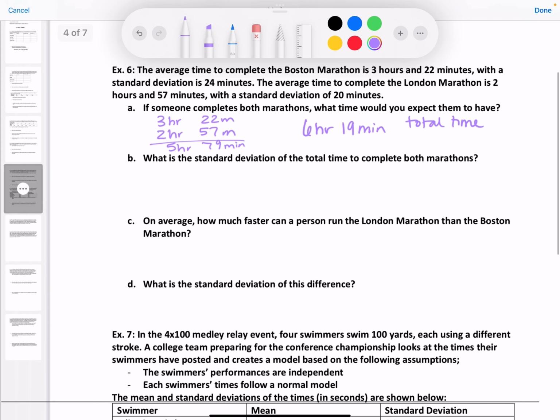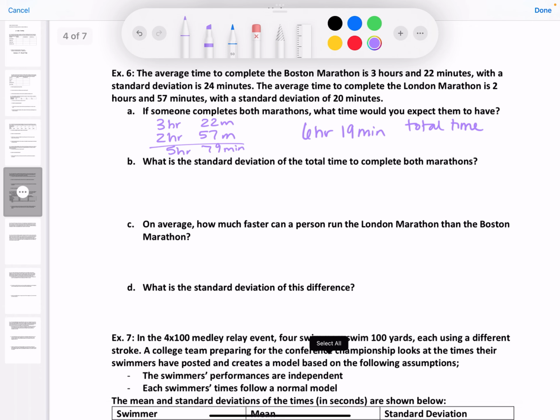Anyway, in order to add the standard deviations, I need to change them to variances. I was gonna say that. So I'm going to square both of them. So 24 squared plus 20 squared.